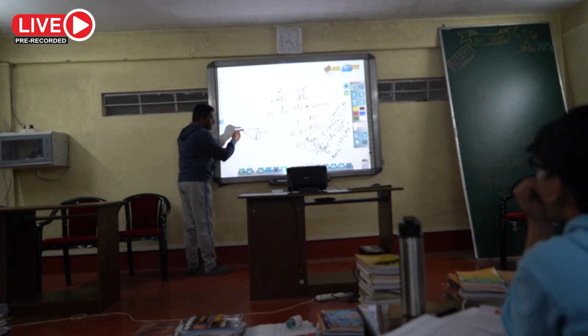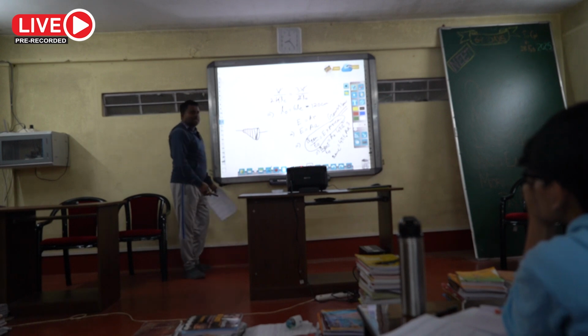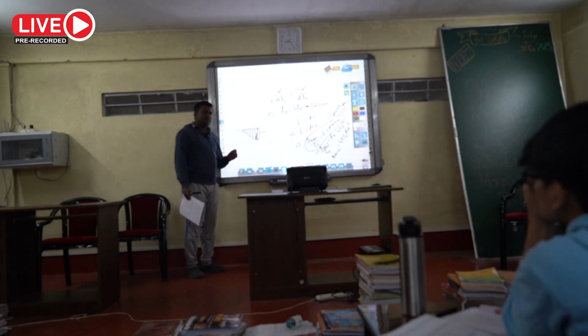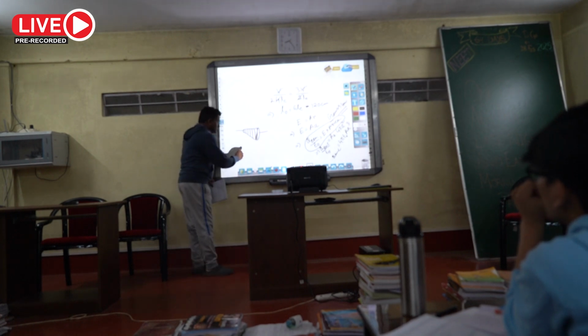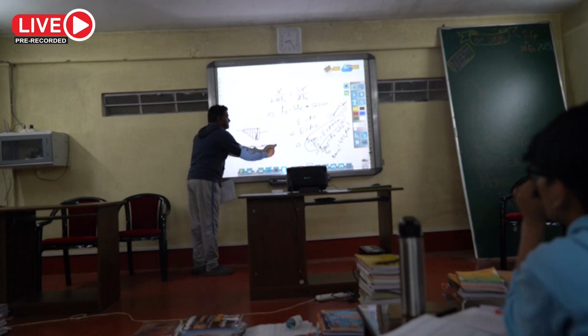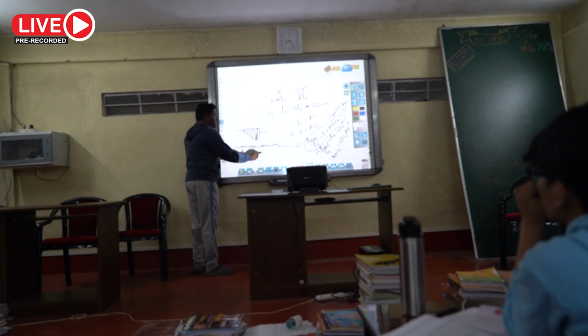Now this non-uniform conductor, I will break it into different sections. We can consider each section is of different resistance. So let us consider this conductor like this, suppose R1, R2, R3, R4 and so on.